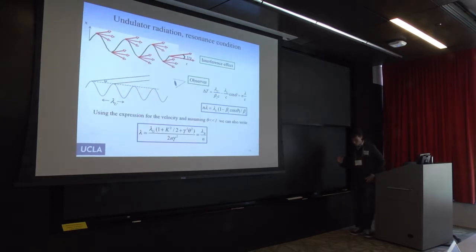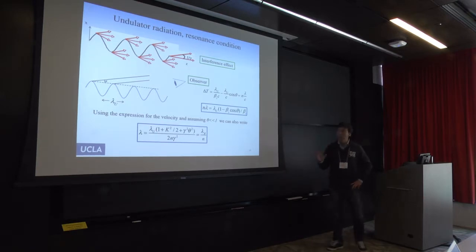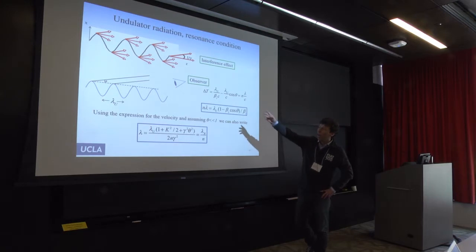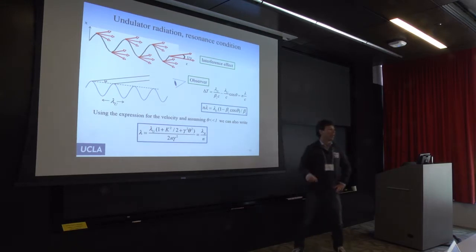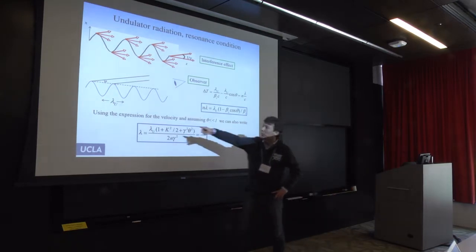Let's understand how you get the wavelength of the undulator radiation. There are a lot of ways of thinking about this. I think the easiest one is thinking about interference. You just consider the interference between two rays emitted by the particle as it goes through a wiggling period.